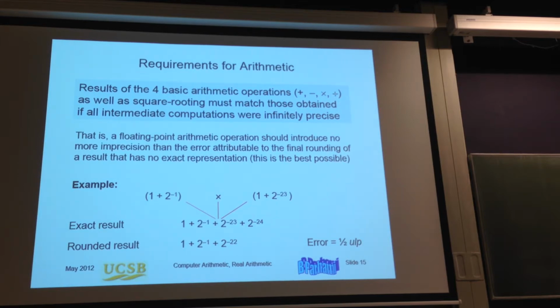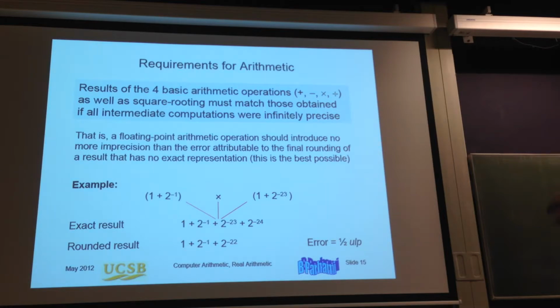Now, in this system, we have our friends from integer calculation, which are addition, multiplication, and division. And we have another operation, which is square root. And there are conditions for compliance with the standard.